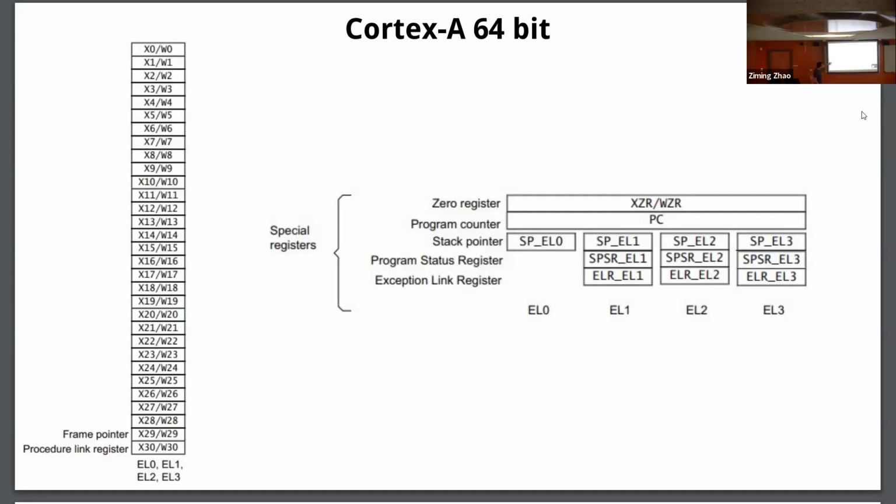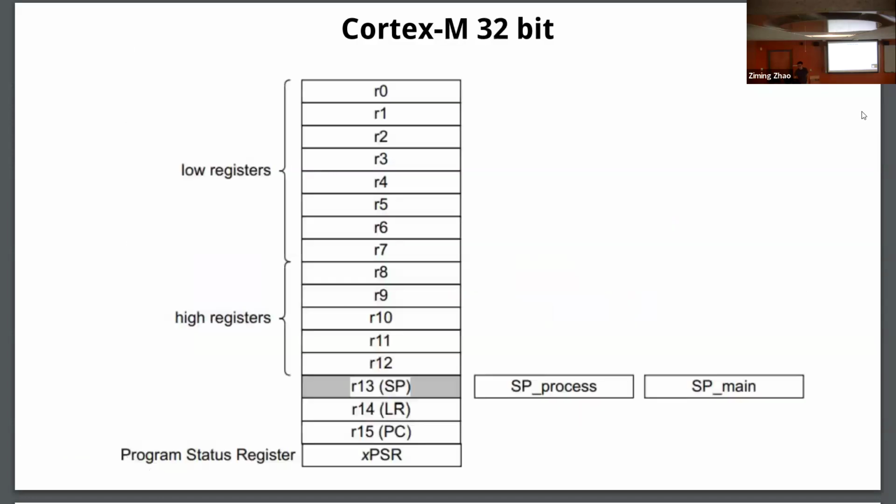But in this architecture, you can see we have at least 31 or 32 general registers, and all those registers are 64 bits. Then they have many different special registers as well. This is the Cortex-A, which is used in our phones, iPads, those kinds of high-end consumer devices or embedded systems.